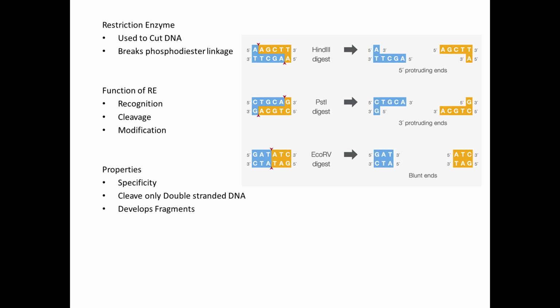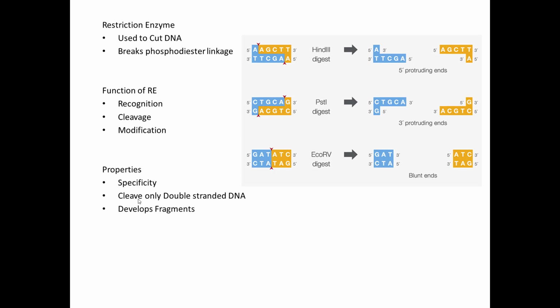Here we can see the properties of the restriction enzyme, that is the specificity. They are very specific for the cleavage of the DNA, and they also attach to the specific recognition sequence of the DNA. Another property of the restriction enzyme is that it generally cleaves only double-stranded DNA, and they generally produce different fragments, like the sticky or the blunt ends.